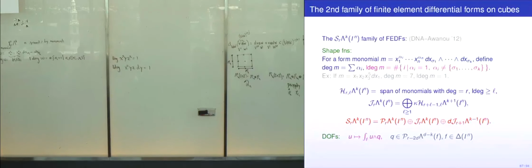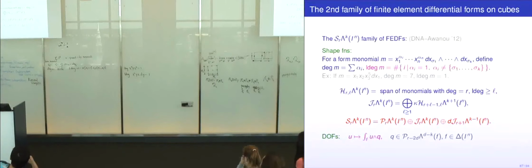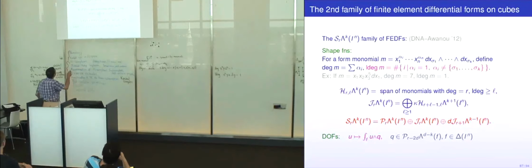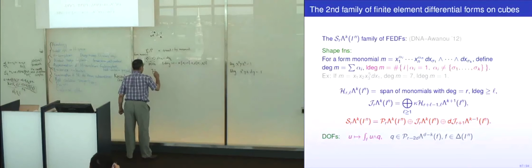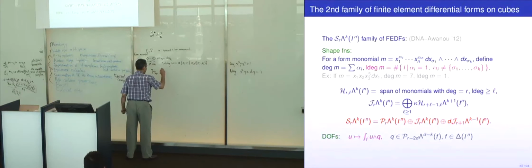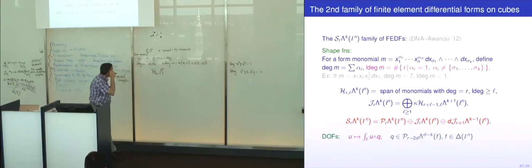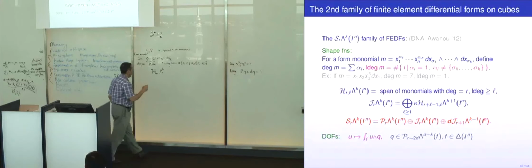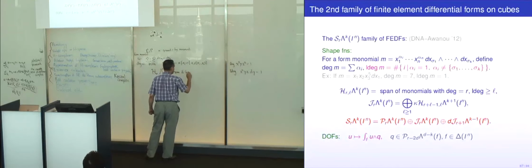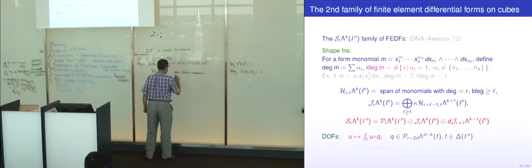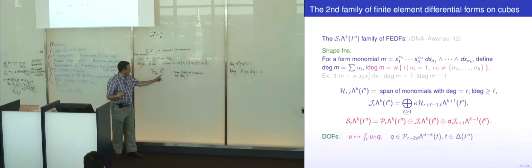Okay, with that definition, we define this space H r L lambda k. Well, we'll start with H r lambda k. So this is the span of the k-form monomials with degree equal to r, homogeneous degree r k-forms.